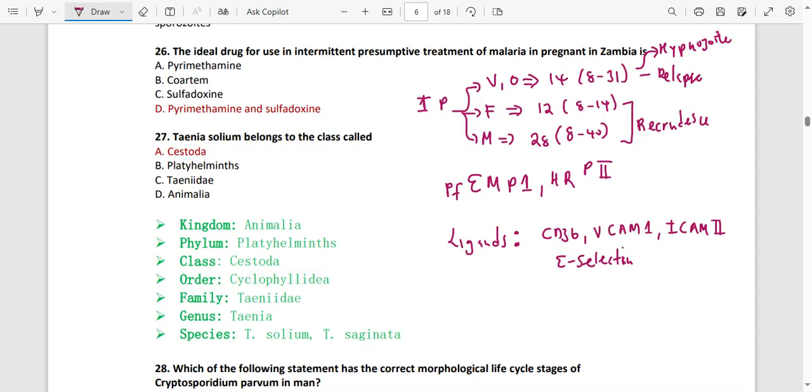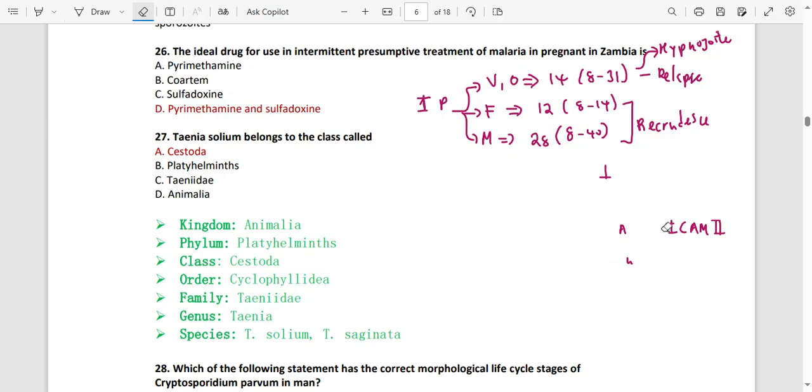Now, when it comes to the treatment, and I think this is important, you divide the treatment for malaria into different categories. Of course, we've done the pharmacology in much detail, but the microbiology is very short and concise.